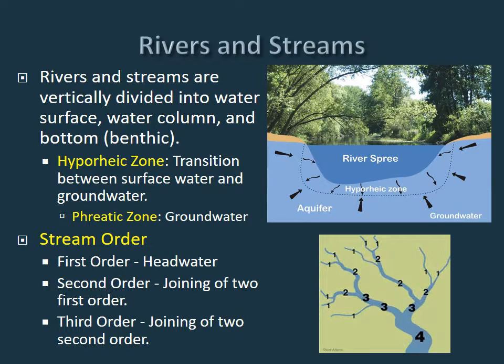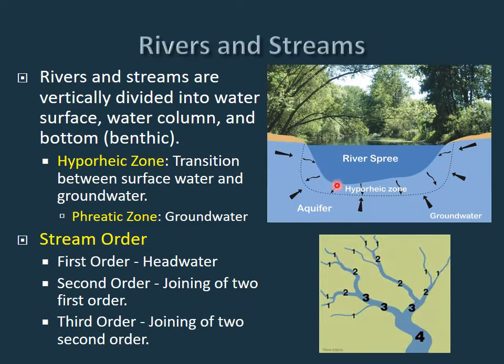Now, rivers and streams, we talked about the different dimensions, the length, the width, and the vertical. And in the vertical water, we look at the surface. So if you were to look at different types of habitat, there's the surface water. There is the water column, which would be this whole depth of the water. And this dark blue is supposed to be where the water is, and then the lighter blue, the bottom of the river.